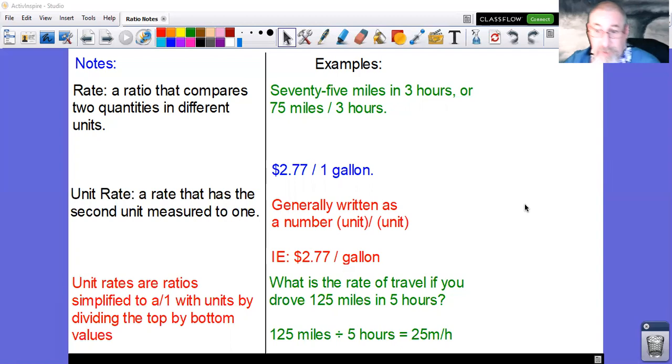So here we have another example. We drove 125 miles in 5 hours. We divide 125 by 5, and we end up with 25 miles per hour. Not very good traveling speed, unless you're running. That's pretty good speed if you're a runner. So that's how we find our unit rate.